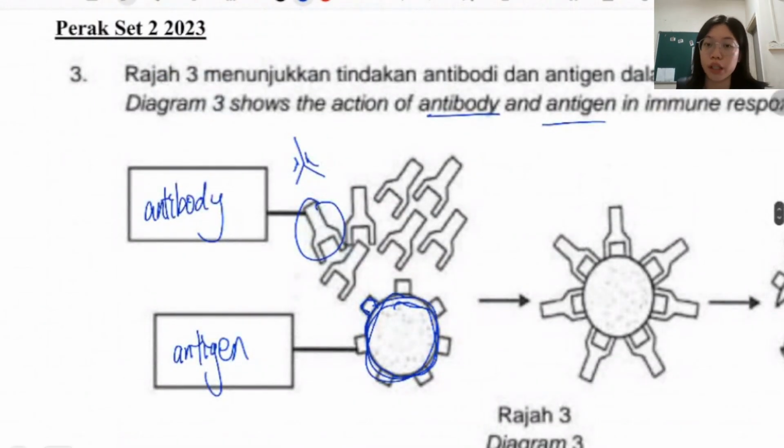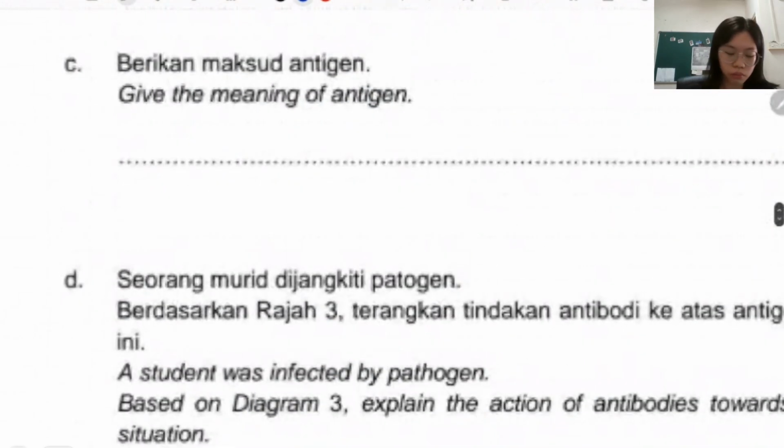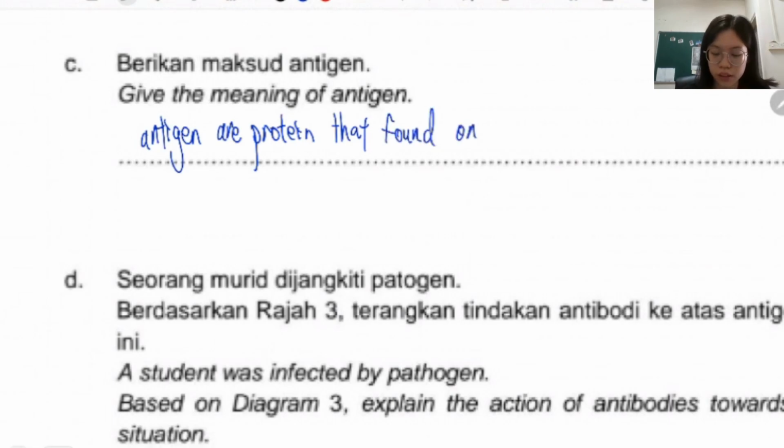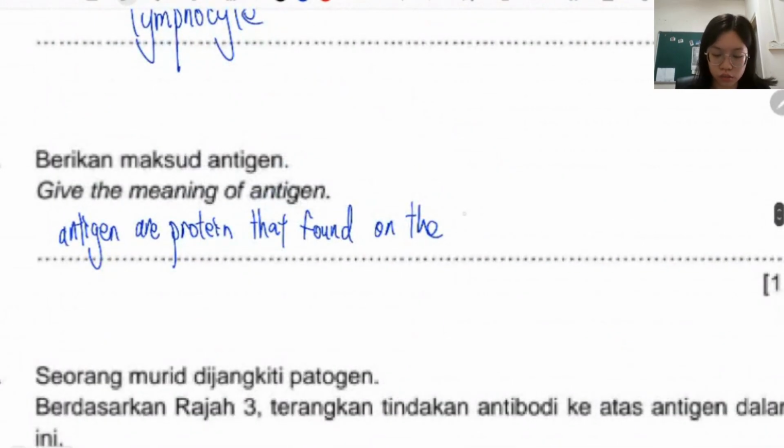On the surface membrane of the cell. So antigens are proteins that, I know the grammar is a bit off, are found on the cell surface membrane, on the surface of the cell.